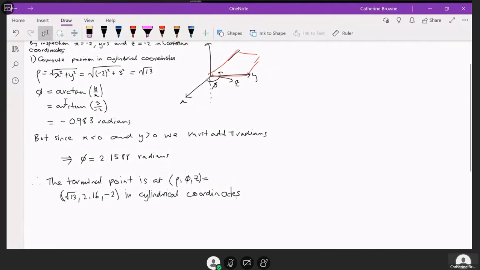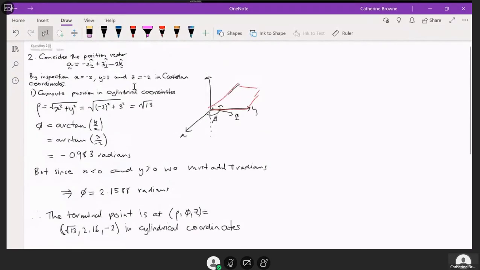So minus 0.983 radians. Because tan is a periodic function, the answer to this has multiple solutions, but we know the position vector, because we're at x is -2, y is 3, and z is k, it means that we're in this quadrant.